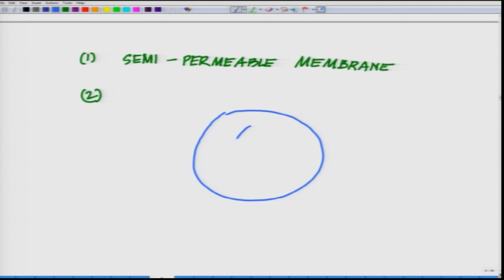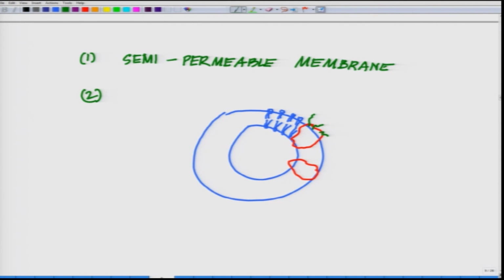If this is the cellular structure, and this is the membrane, we are talking about a lipid bilayer membrane, and you have the embedded iron-sulfur proteins, iron-sulfur clusters out there. And you have these carbohydrates popping out.